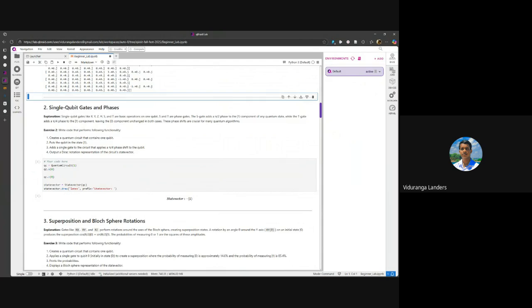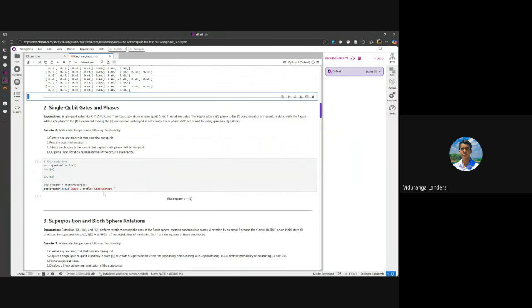We can add an X gate to put a state from 0 to 1, or vice versa, 1 to 0. And then we are asked to apply a single gate that applies a 5/4 phase shift to the qubit and print the circuit's final state vector in the Dirac notation.